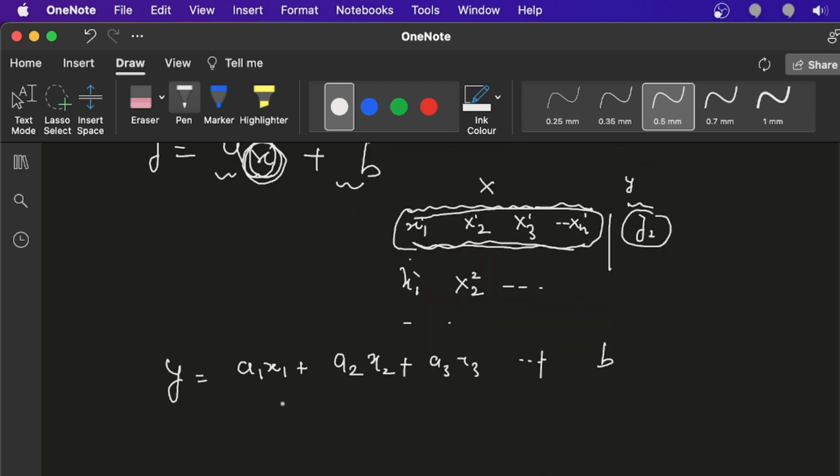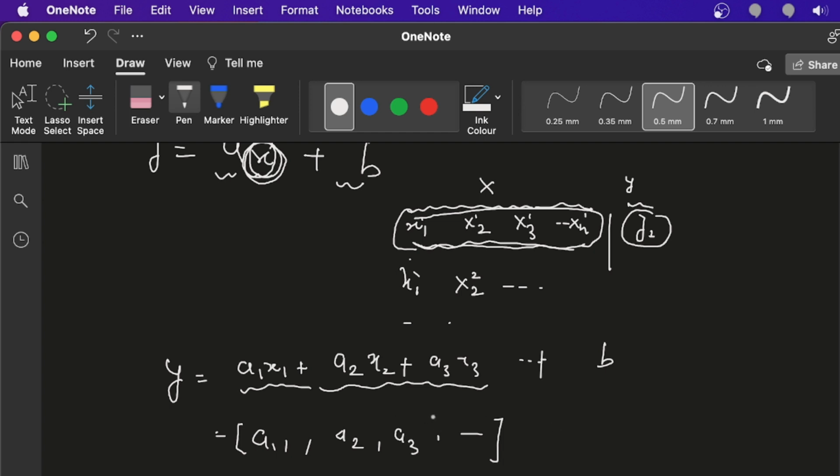But the equation should look like this: a1, a2, a3, and so on up to the end, which is a vector.